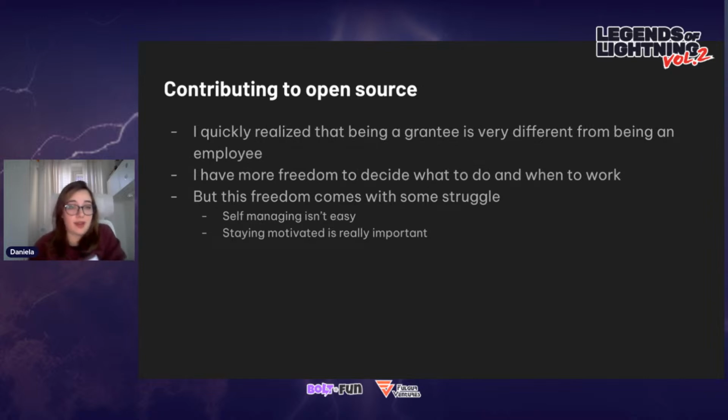I quickly realized that being a grantee is very different from being an employee. It's really cool to have freedom to decide what to work on, when, in which hours to work. That's so cool. But I mean, there are some struggles. Self-managing isn't easy.